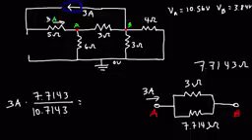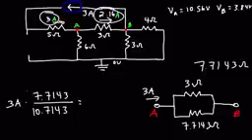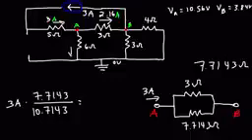So the current flowing through the 3 ohm resistor is going to be 2.16 amps. And if we take 3 and subtract that by 2.16, we'll get the current flowing through the 6 ohm resistor, which is 0.84 amps.